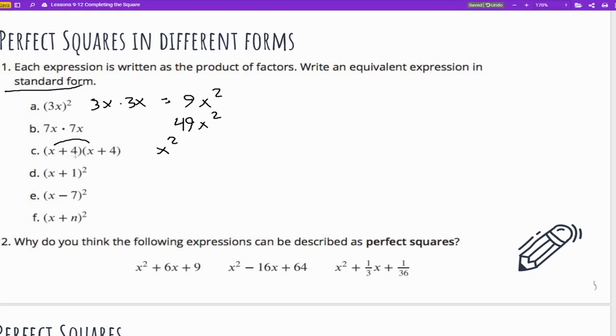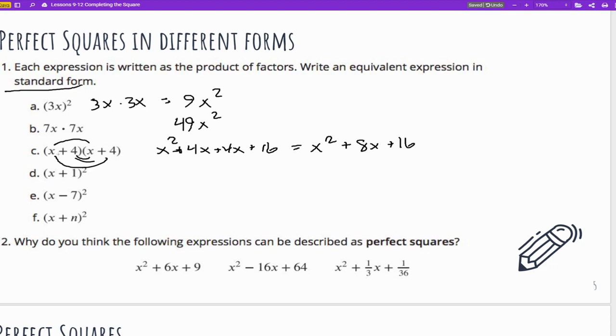Looks like we have a 4x, another 4x, and then a 16, all of which are added. And so what you end up with is x squared plus 8x plus 16. Okay, right? So again, nothing different than what we've already done.